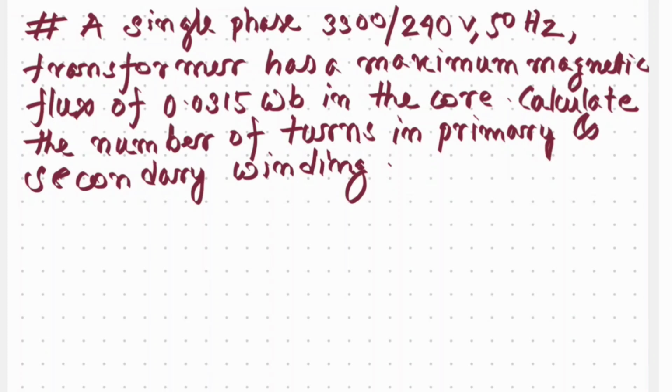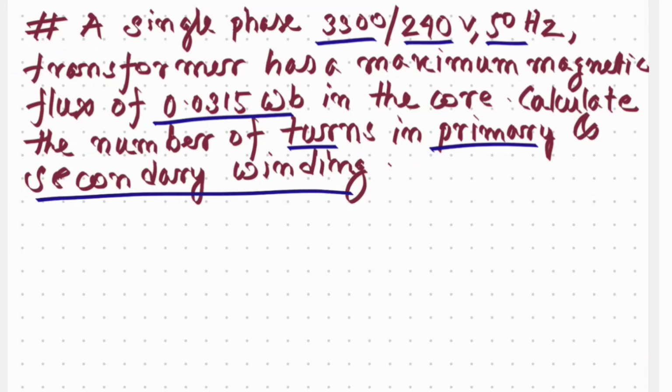So here primary voltage, secondary voltage, frequency and flux are given. From this we need to find out the turns in the primary, N1, and the secondary turns, N2. Okay, let's see the solution.